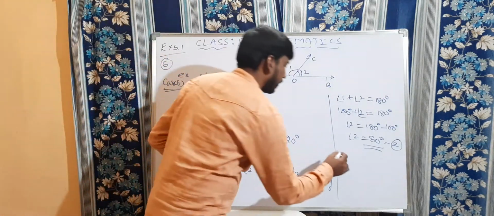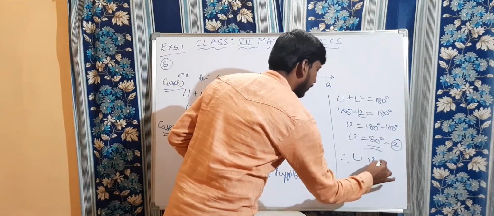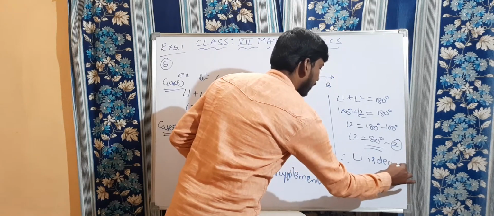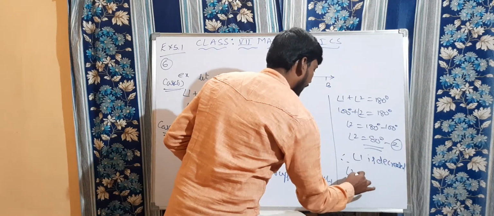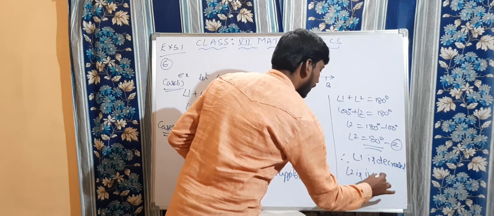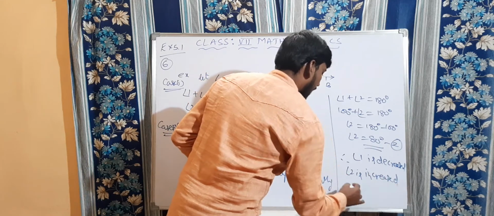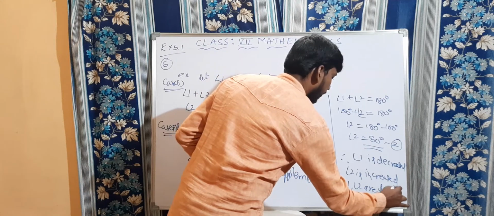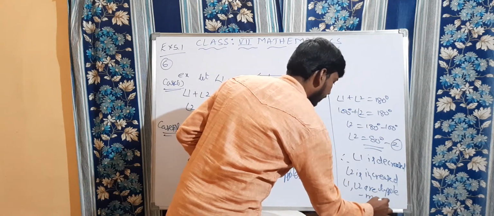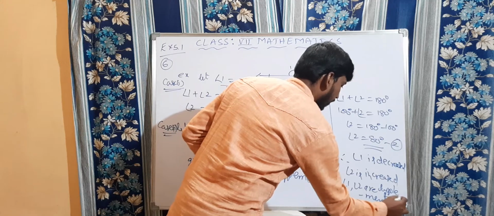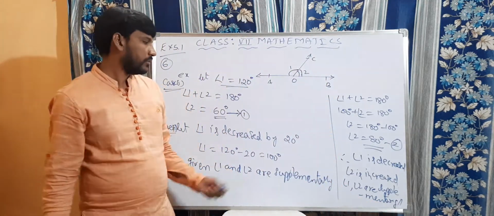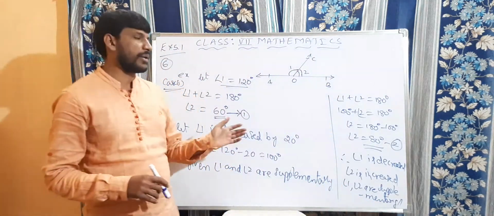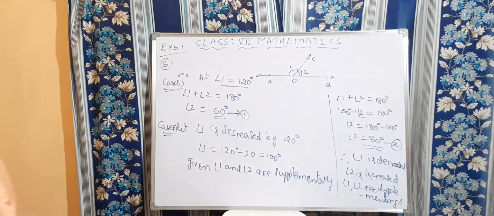So angle 1 is decreased, then angle 2 is increased. Then only angle 1 and angle 2 are supplementary. Is it clear? Please copy this. This is only for understanding purposes.